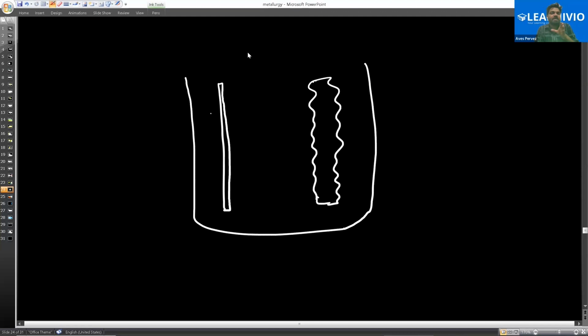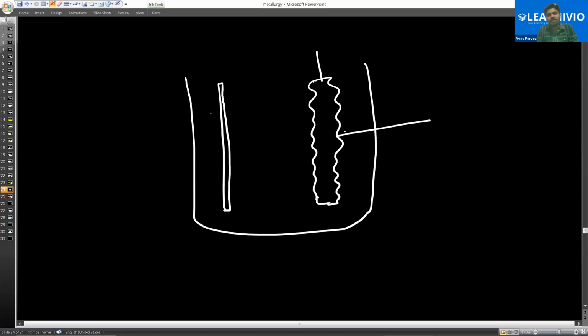And we take the electrodes. Let's suppose we are going to purify copper metal.